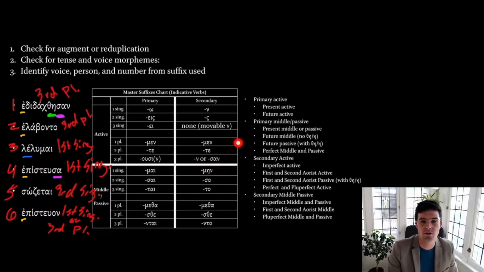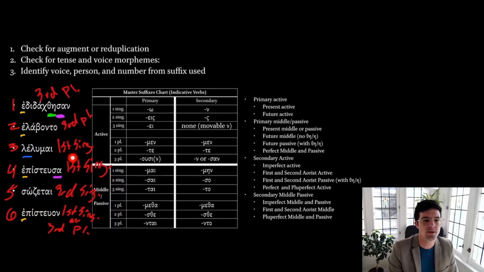And we look over to the secondary active over here, and we see that it can be imperfect, or we could have a first or second aorist active. These have to be actives because we don't have the theta eta or an eta here.